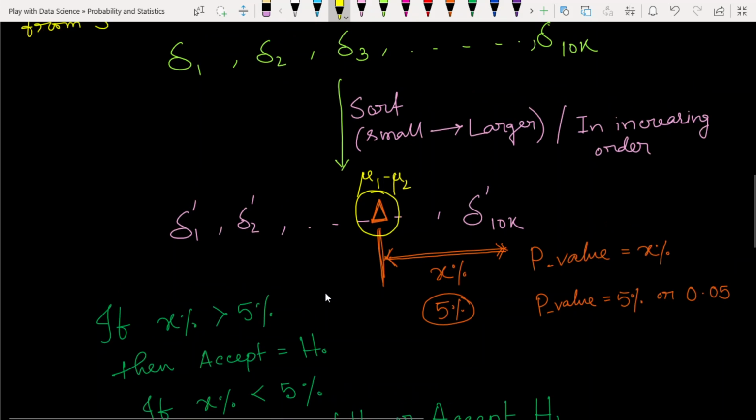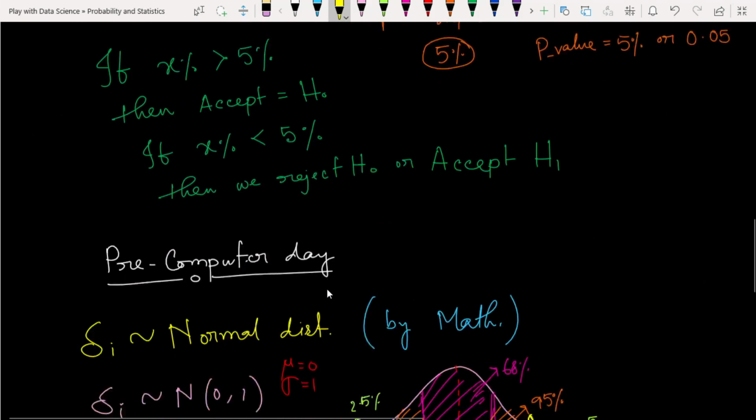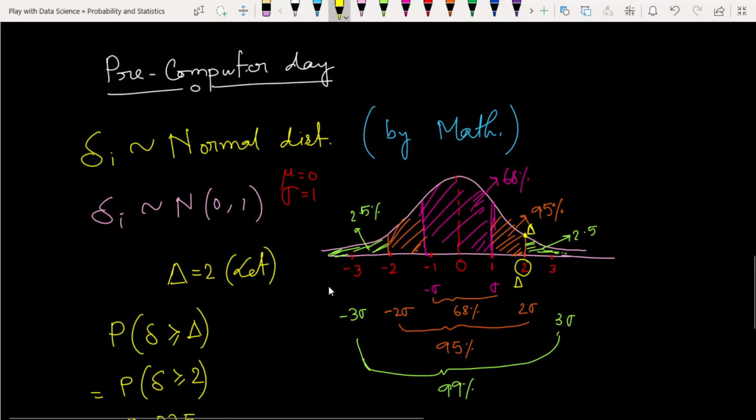We calculate these things using computer programming. In pre-computer days, scientists discovered that the small deltas follow the normal distribution, and on the basis of this distribution, they found the probability of how many small deltas are greater than capital delta.